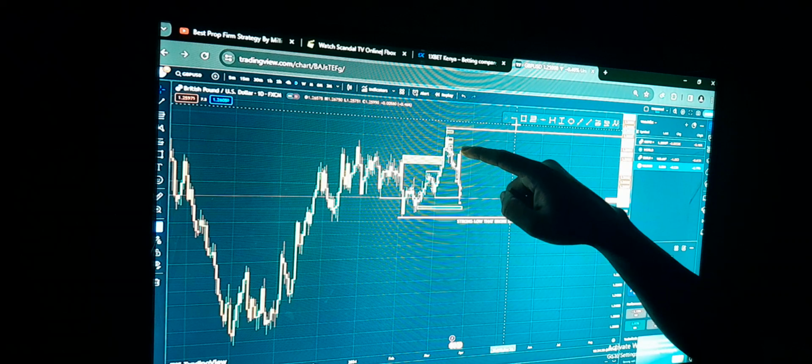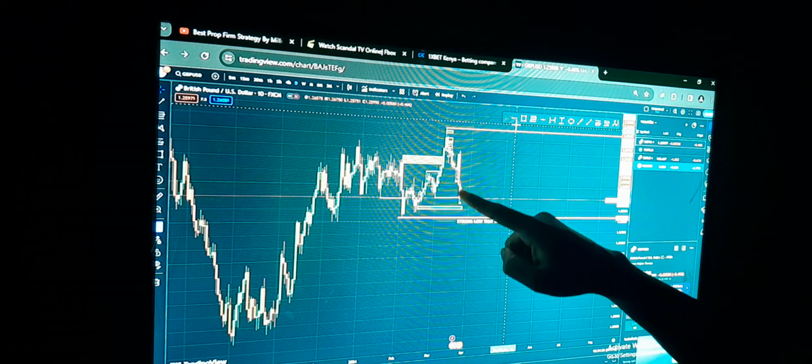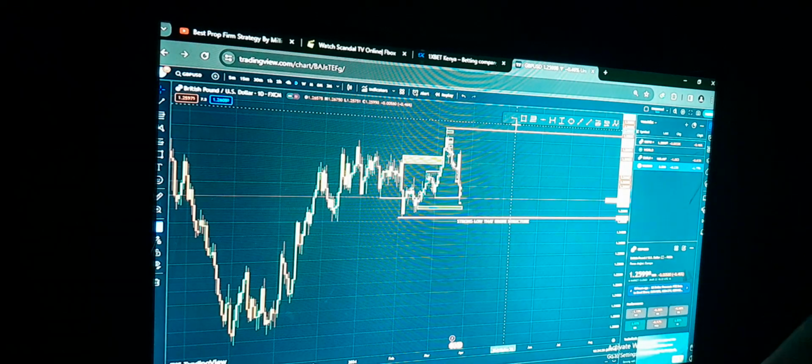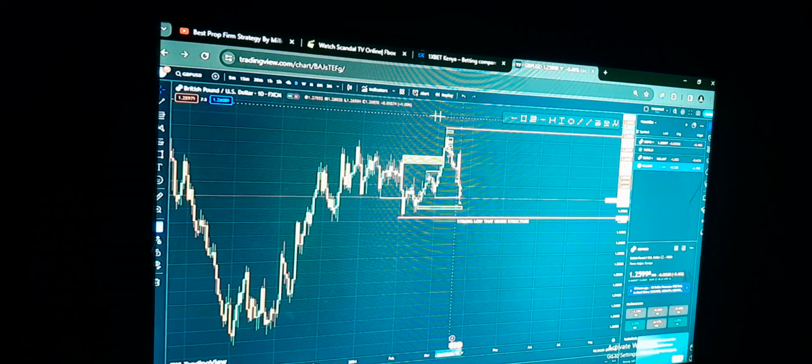It showed a little bit of reaction, then downward. So from the bottom of the reaction to the top of the reaction, that's my overall point of interest, which I want to see the price tap into and see how it's going to react to it. And that's how simple it is. You understand? So simple.